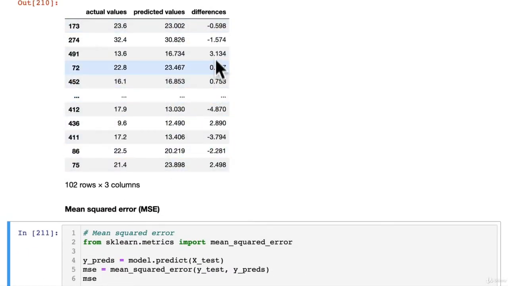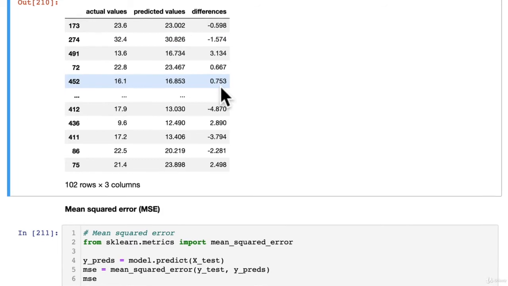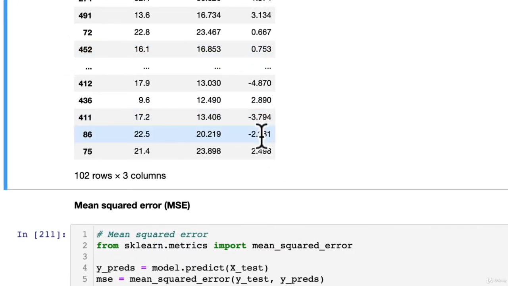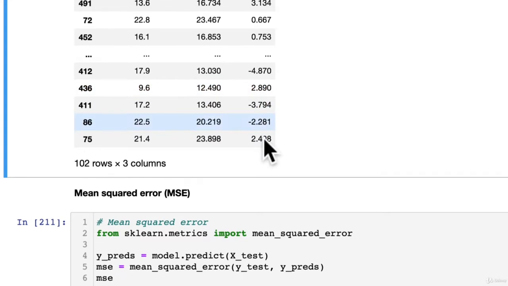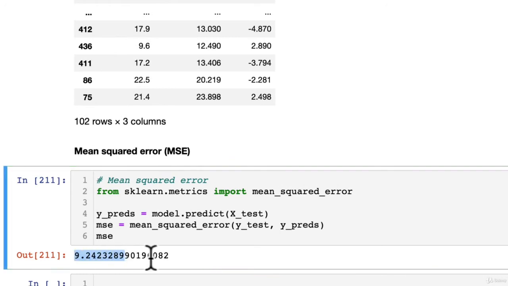What mean absolute error does is it takes these values and turns negatives into positives, adds them all up, and then finds the average of it. What mean squared error does is it takes these values, squares them, then adds them all up, and then finds the average, hence the mean squared error. So that's why squaring these numbers will lead to a higher number here.